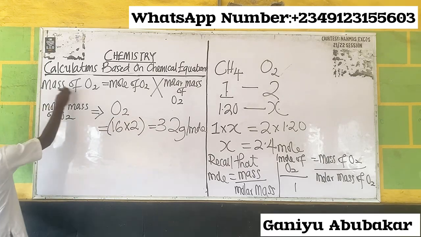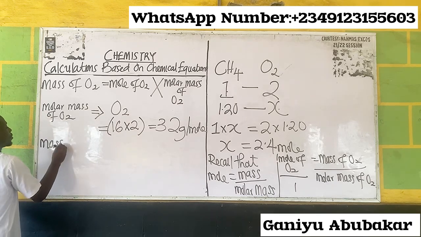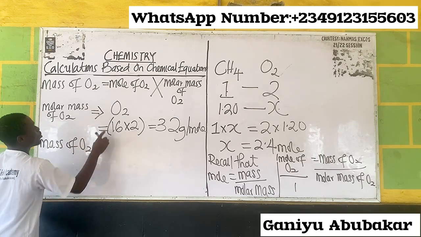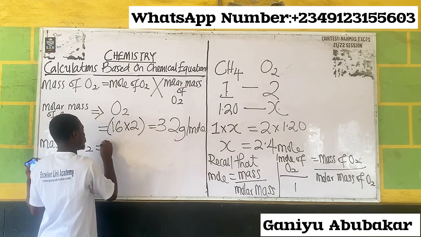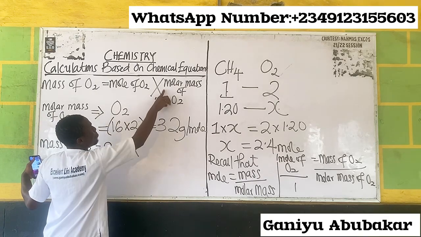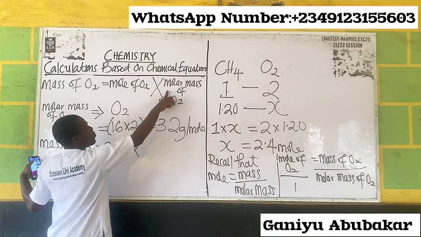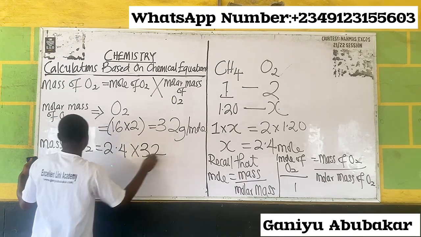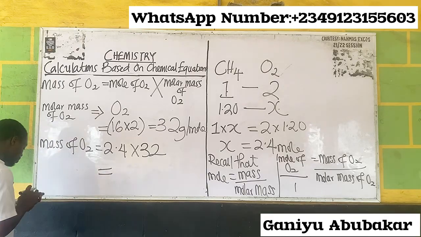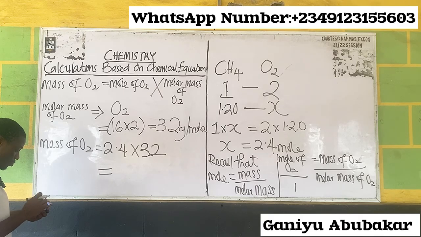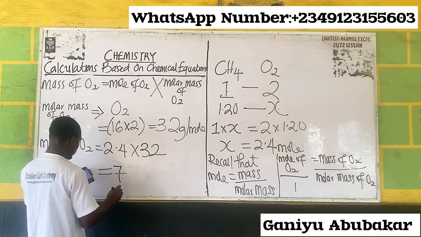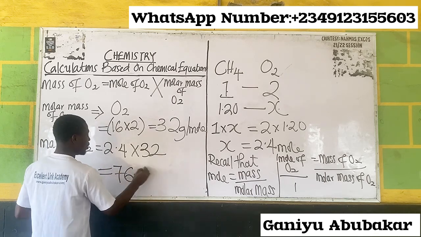From here, I can now get the mass of oxygen. So mass of oxygen equals mole of oxygen, which is 2.4, times molar mass of oxygen, which gives you 32. From here, the mass of oxygen gives you about 6.8 gram.